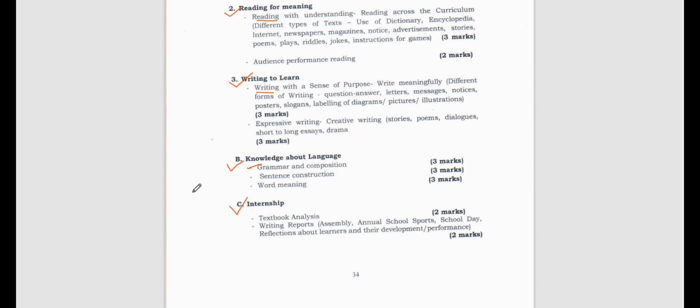Then next we have annual school sports. So we believe that always focusing only on academics will not help the students. So physical activities are required, co-curricular activities are required, annual sports day is required, right? Sports are required because we believe in the all-round development of the learners. So all the areas, all the domains of development need to be considered.